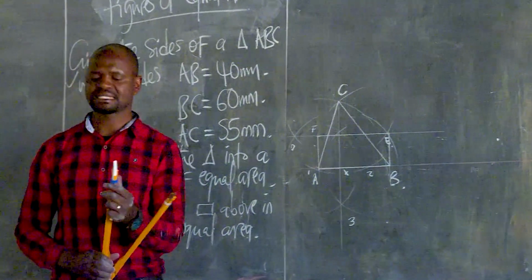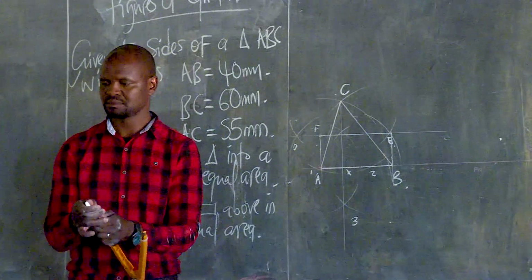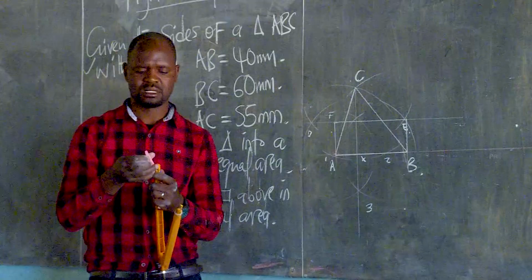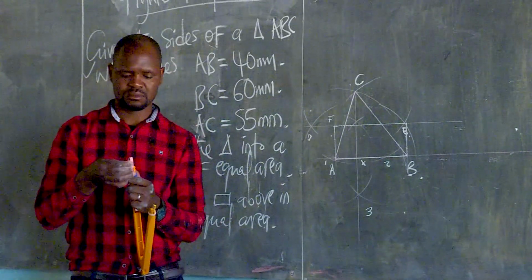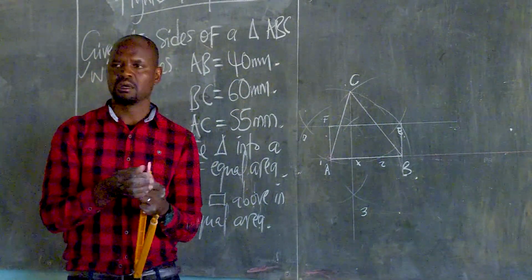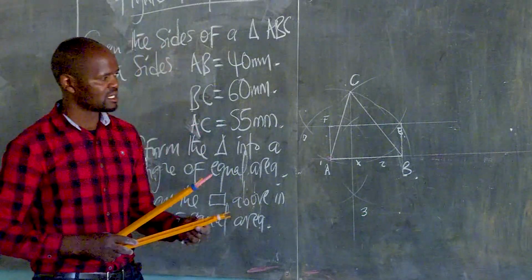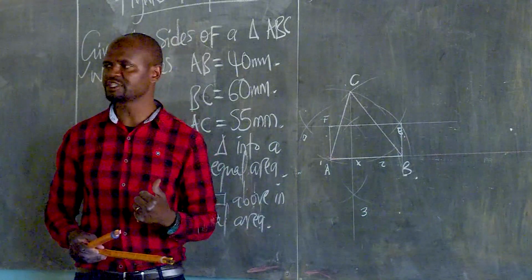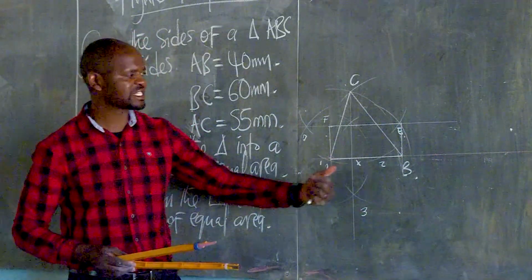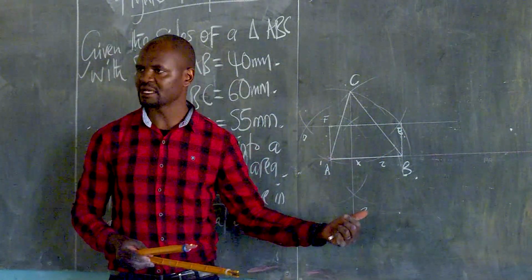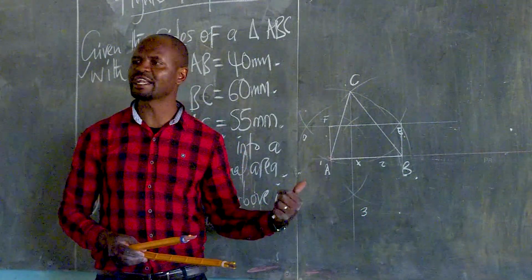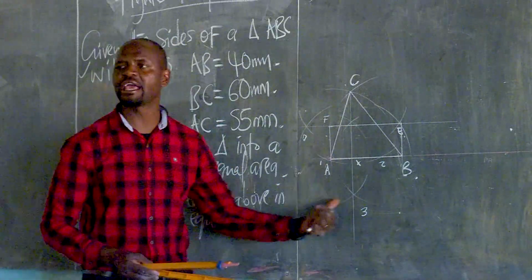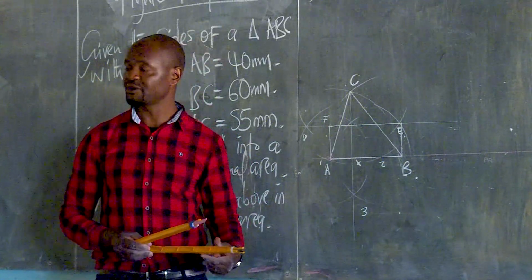When you extend, now get your compass. Stand on point B. That's the first thing that you need to do. Stand on point B and draw an arc from point E to meet line AB. Are we together, guys? Yes.